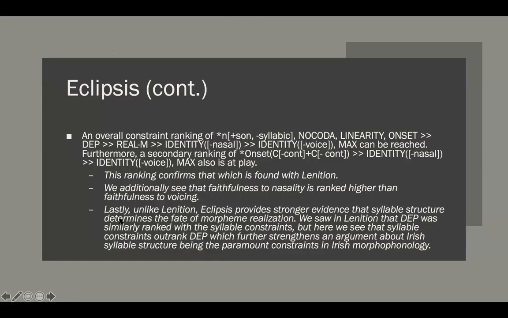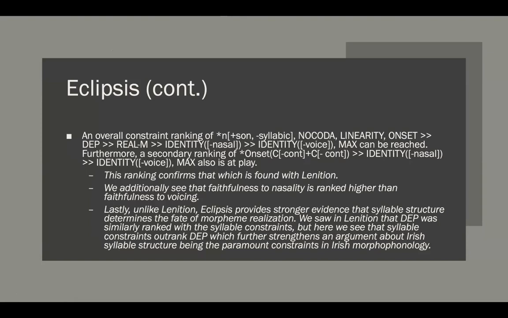What I could conclude from this was that there is an overall ranking of prohibition on N plus another sonorant consonant, no coda, linearity, and onset, which outrank DEP, which outrank realized morpheme, which outrank identity nasal, which outranks identity voice and max.